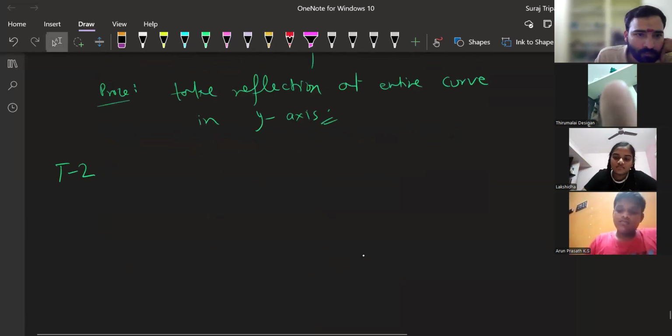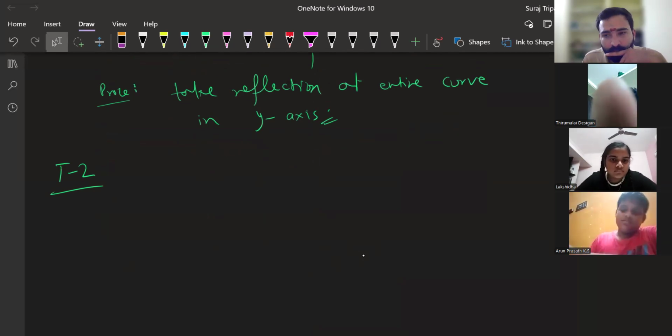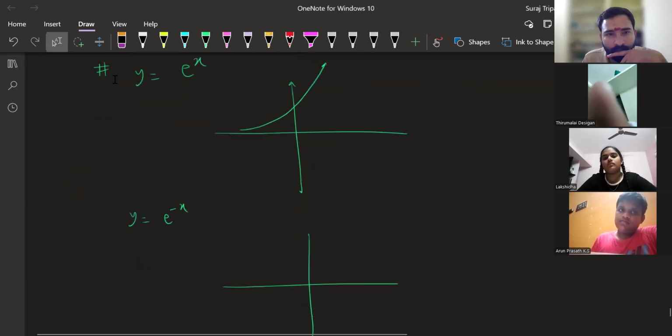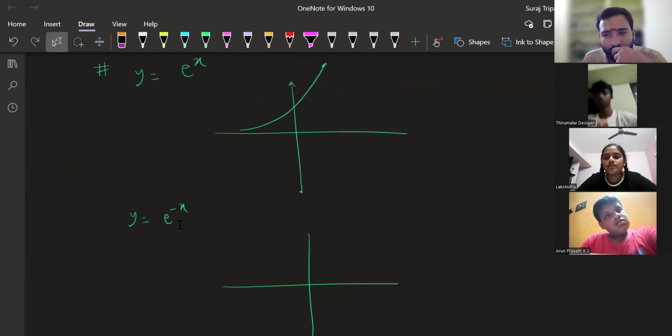Now transformation 2. Anyone got this? What is the graph of y equals e raised to minus x? From left to right, we get the same curve. Just send that one on the group.